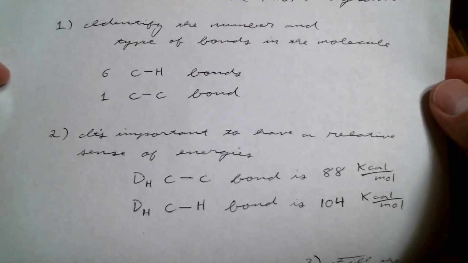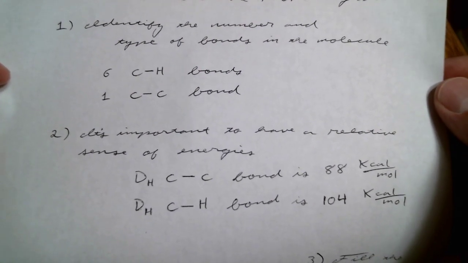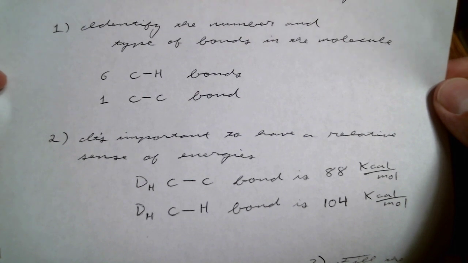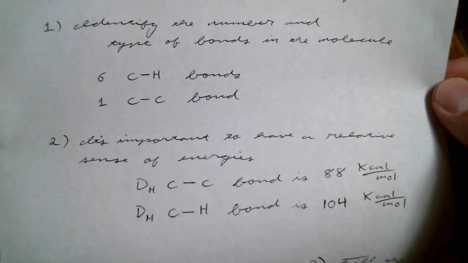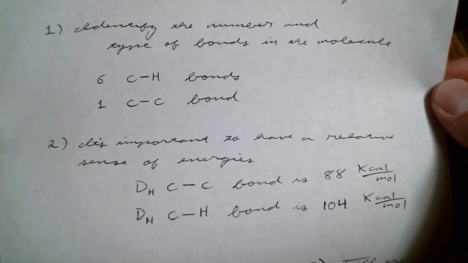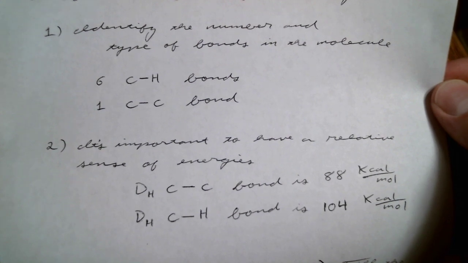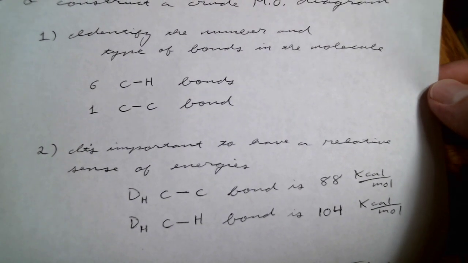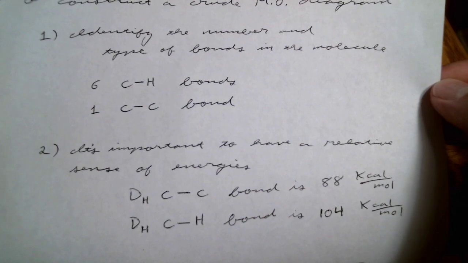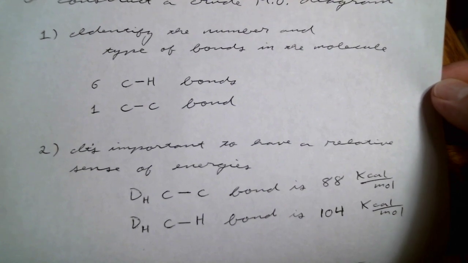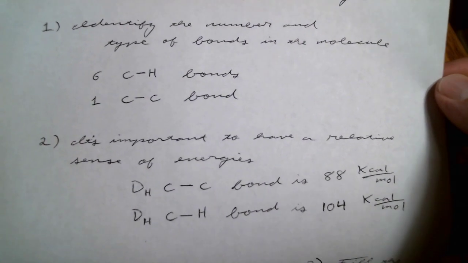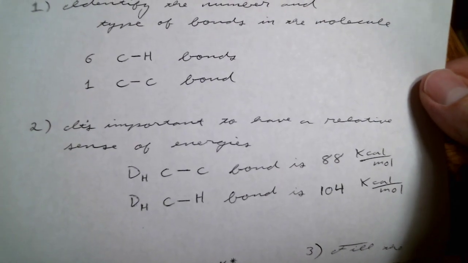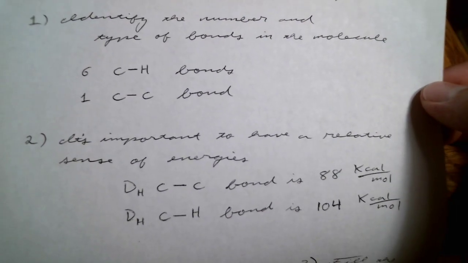I don't know if you remember from general chemistry, but the dissociation energy for a typical carbon-carbon single bond is about 88 kcals per mole on average. It varies for various types of carbon-carbon single bonds in terms of what's around them. But we'll take 88 kcals per mole as a good general estimate for this type of molecule. The dissociation energy of a carbon-hydrogen bond is 104 kcals per mole.